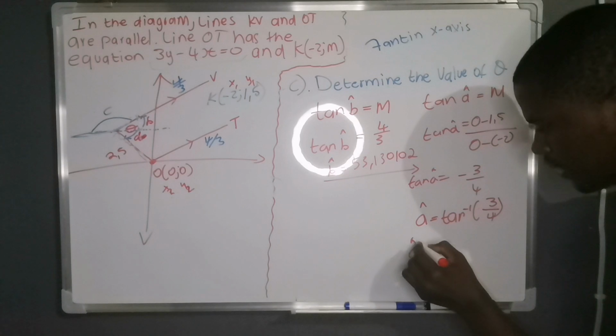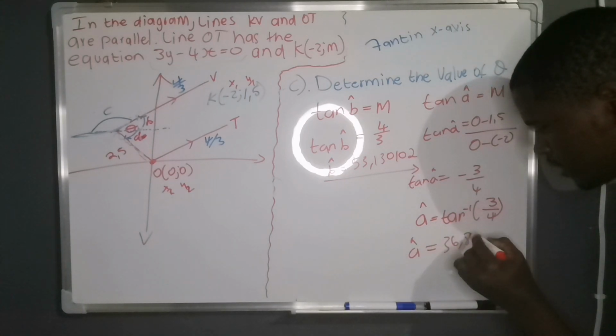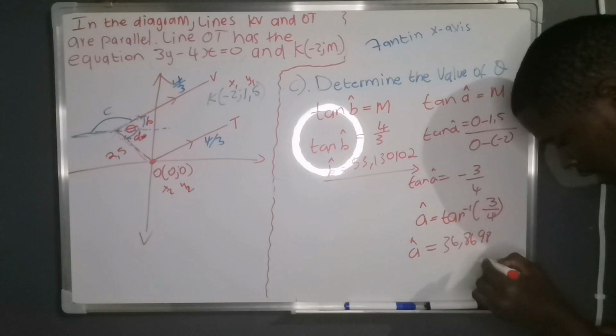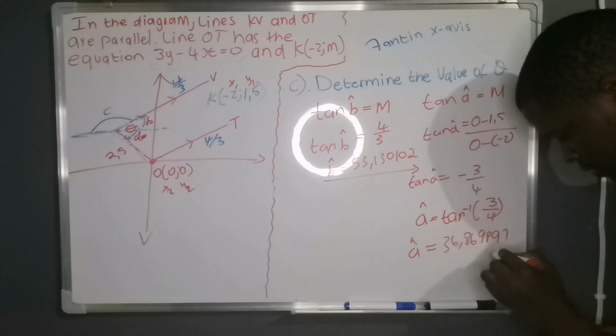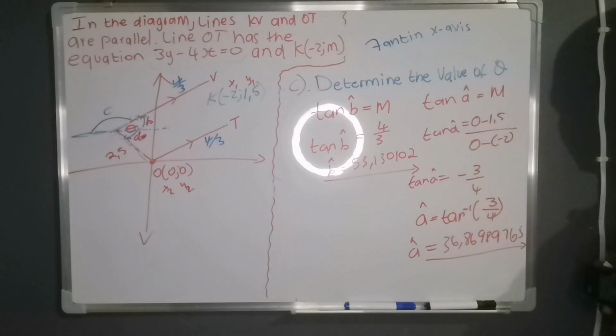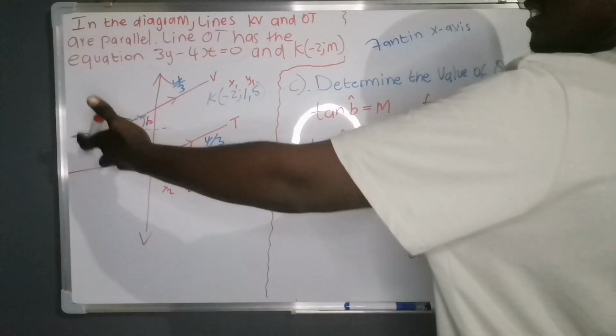Then our angle A is equal to 36.86989765 degrees. That's how it is. And please guys, if you say 180 minus, you'll be finding this angle.